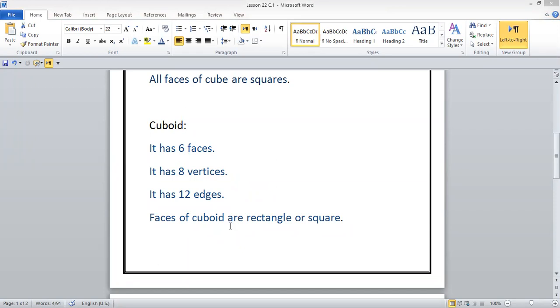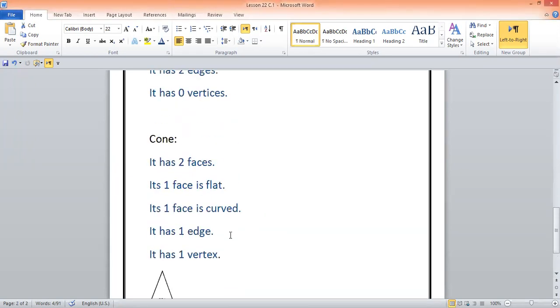Eight vertices. Okay. Yes, Yusuf. Now you are right. Muhammad Al Raini, very good. Iyad, very good. Abdul Muid, very good. So cuboid has eight vertices. You can check the corners also. Sheikh Muhammad, very good. Tamim, very good.